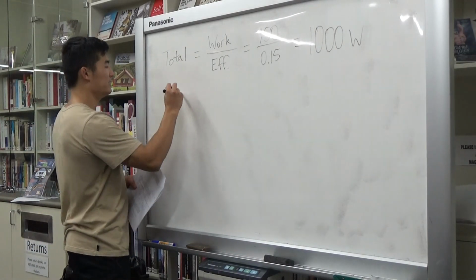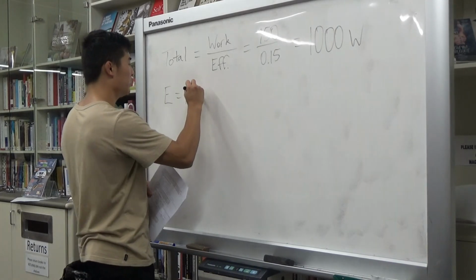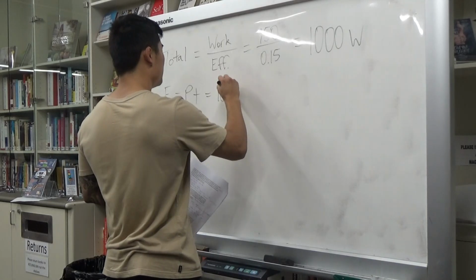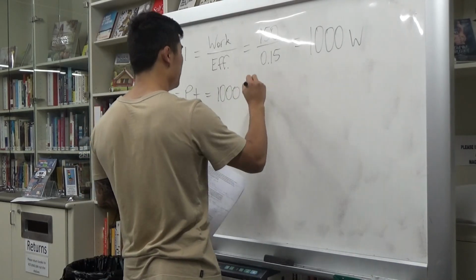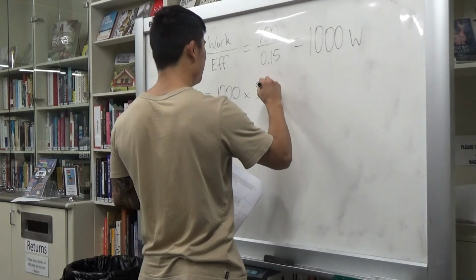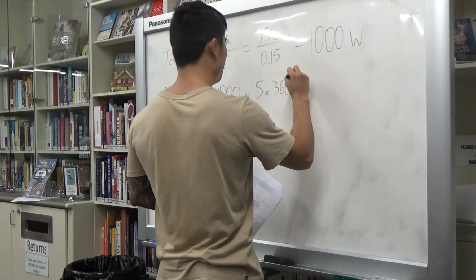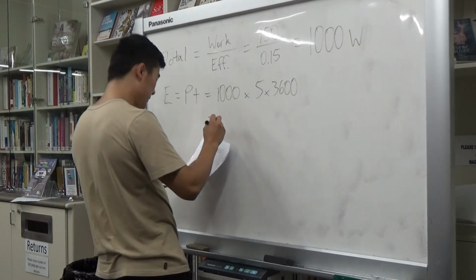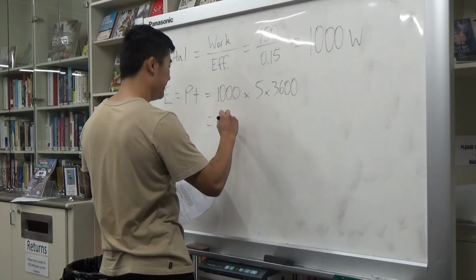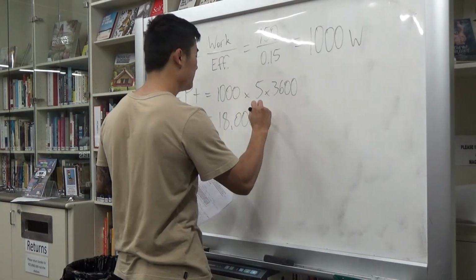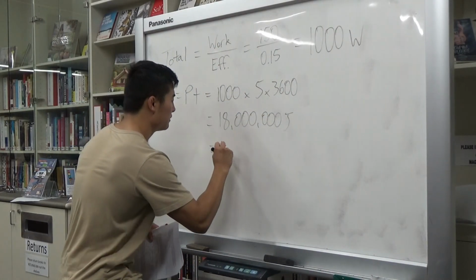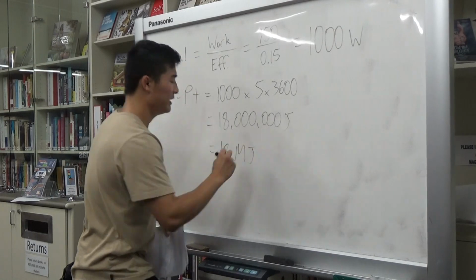So energy is equal to the power multiplied by time. So 1,000 times 5 hours, so 5 times 3,600, and that will be 18 million joules, which is 18 megajoules.